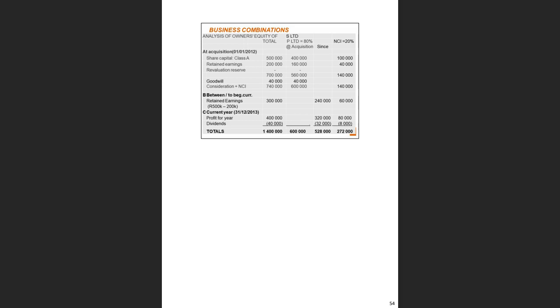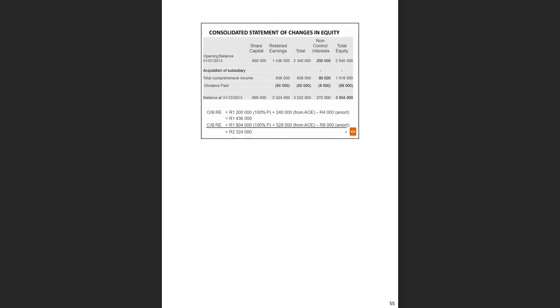Okay, so this is something we went through. You should all know how to calculate these figures. We're going to use this analysis of owner's equity to help us do the statement of changes in equity. So here you have your statement of changes in equity. We have our share capital of 900,000.